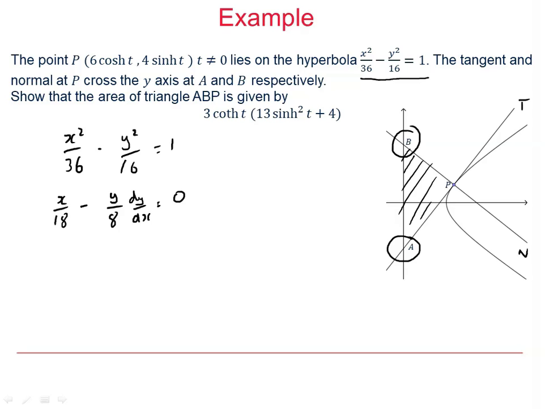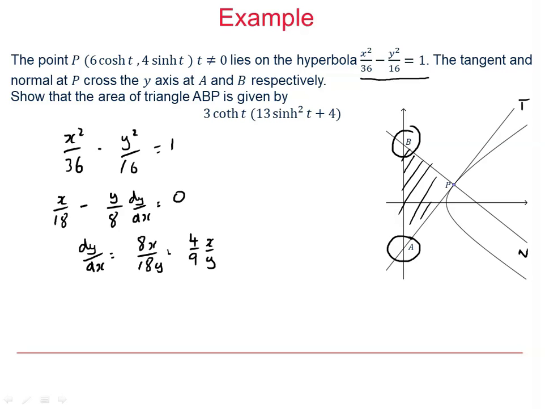Rearranging that, dy by dx is then equal to 8x over 18y. So that's 8x over 18y, which is then 4 over 9 x over y.